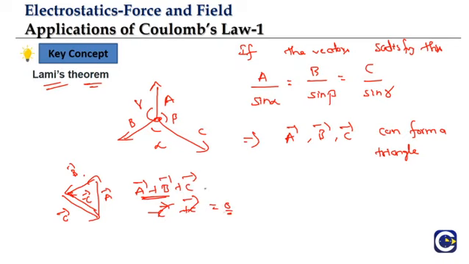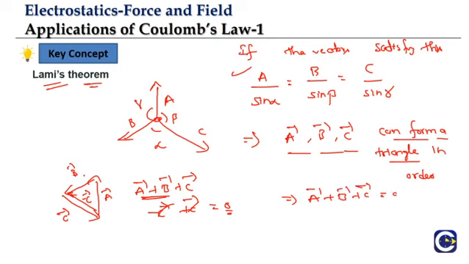So if the co-initial vectors A, B, C satisfy A by sine of its opposite angle equals B by sine of its opposite angle equals C by sine gamma, then they will form a triangle in order, which means the resultant A bar plus B bar plus C bar will be equal to 0.